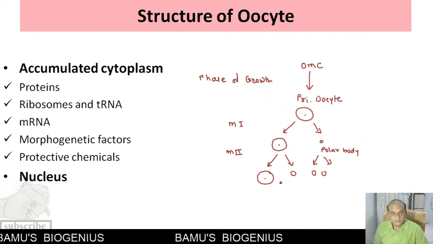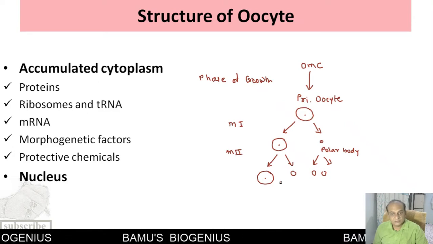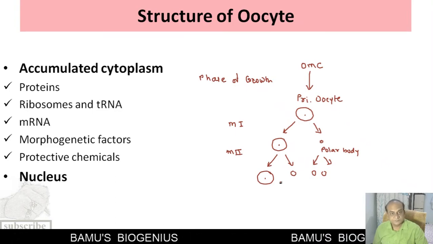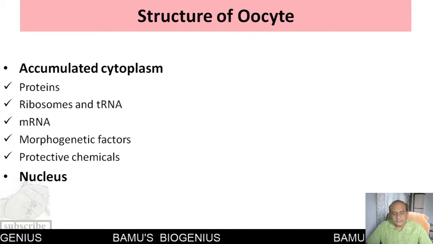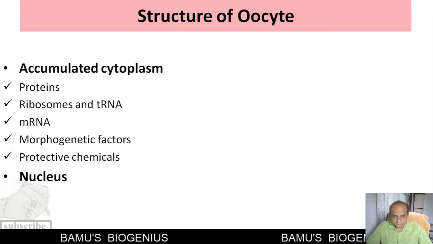So this is the difference, and that is why the cytoplasm is more and the oocyte is larger than the sperm. This accumulated cytoplasm contains various types of materials, and these materials are very useful for the development of the zygote after fertilization.